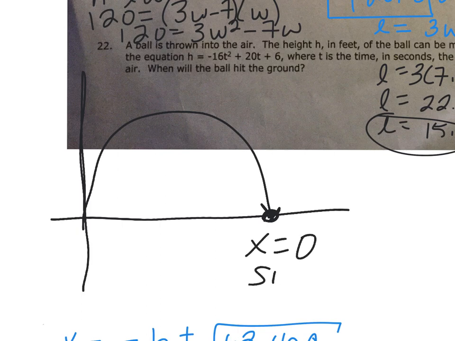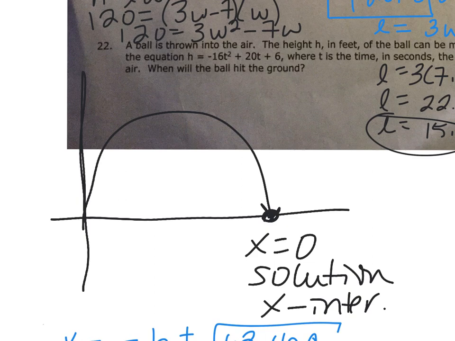It's a solution, a 0. It's an x-intercept. It's a root. So that's what you're looking for. You're looking for the x-intercept. If it asks how high the ball was, that's your vertex, that sort of thing. But this one's our x-intercept. So we have to solve that and find out when that parabola will cross the x-axis.